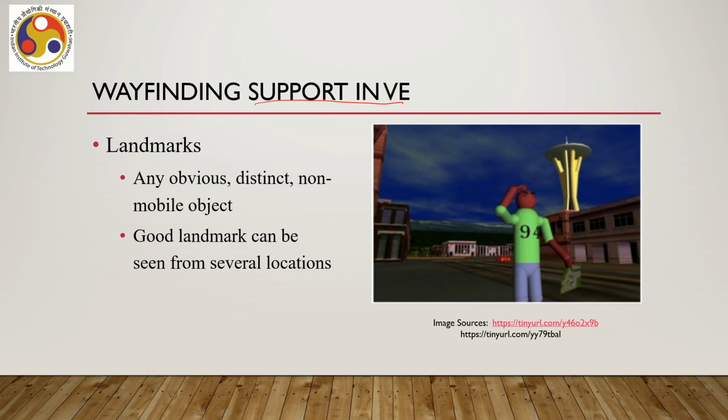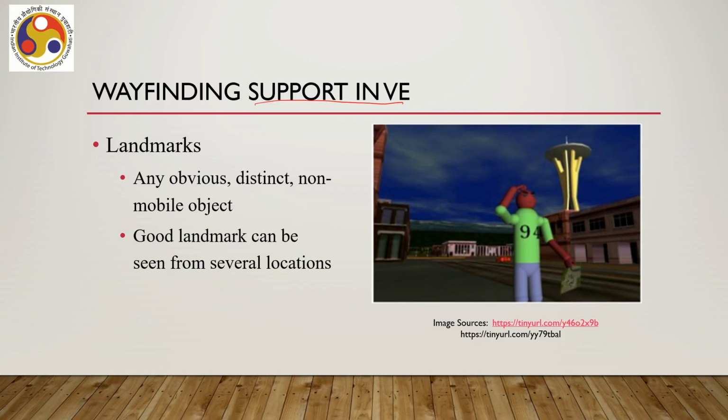Along with that, we need to provide good wayfinding support, so that the travel supports are effectively used or deployed by the user while performing navigation. Without suitable wayfinding support in a complex environment, irrespective of how many different types of traveling techniques are implemented, the user will not be able to perform efficient movement. So, how can we provide the wayfinding support?